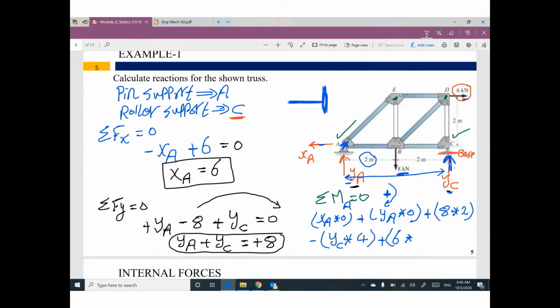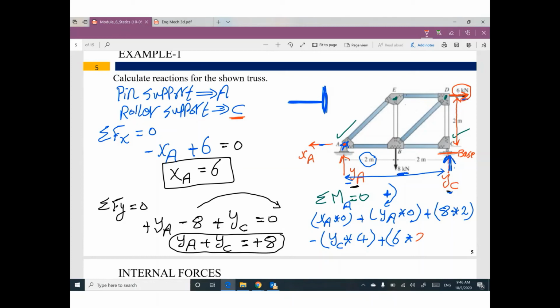Before answering, your force is a horizontal force, so your distance must be vertical, because your force 6 kilonewton is horizontal. So this horizontal force will be multiplied by this distance, which is vertical, 2.